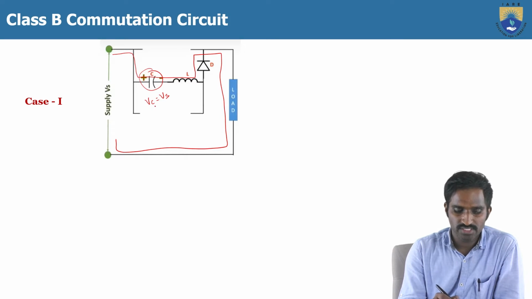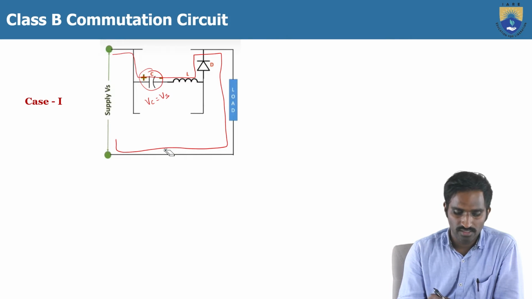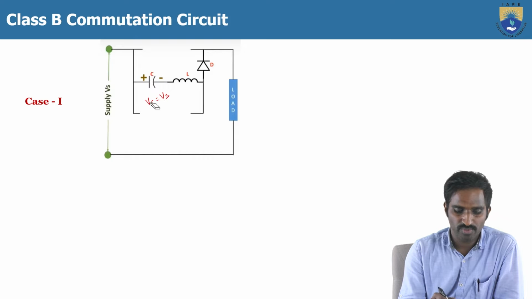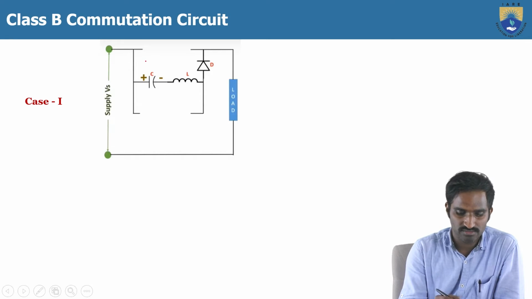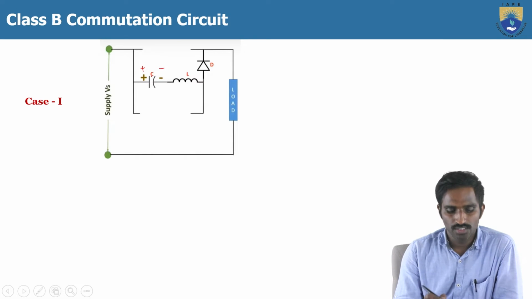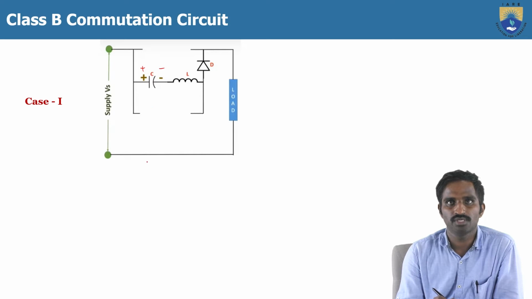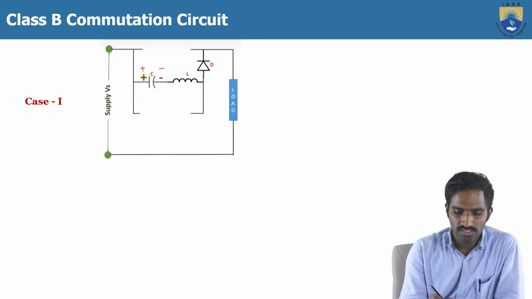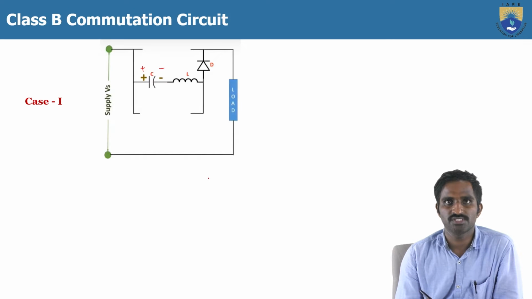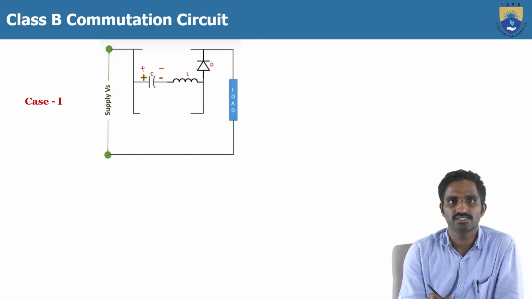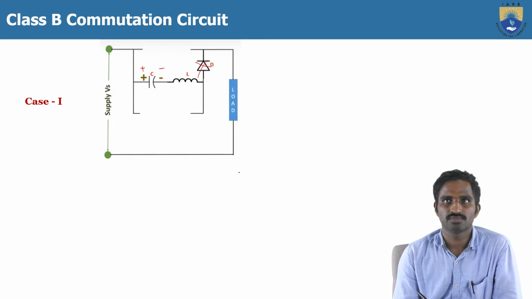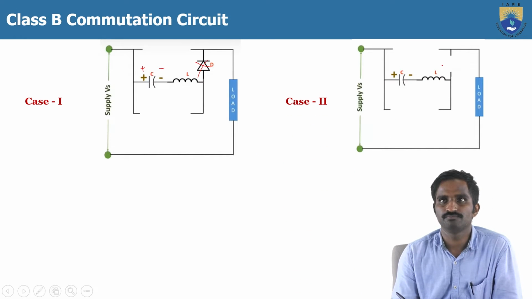Once the capacitor is fully charged, the terminals of the capacitor are formed like this, plus and minus, like here. This anode is connected to the negative of the capacitor, which means a reverse bias is applied across the diode, so the diode turns off. That happens in case 2.